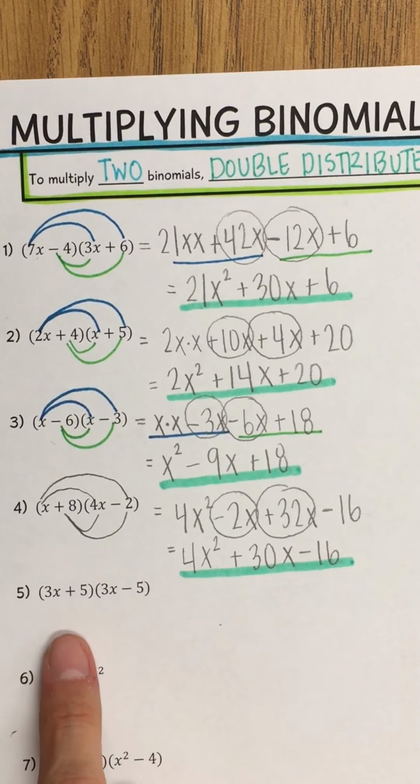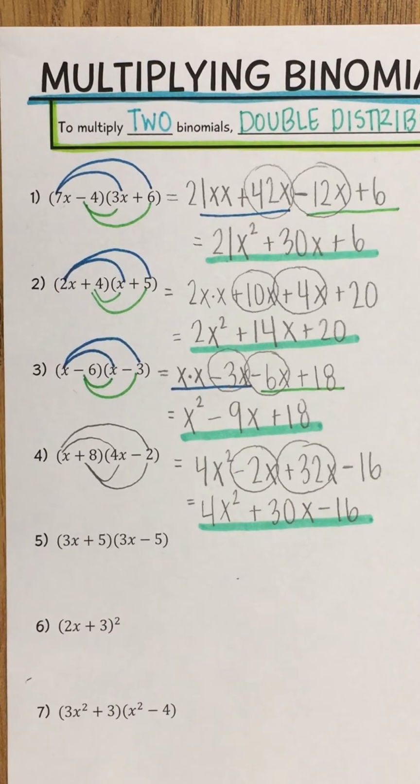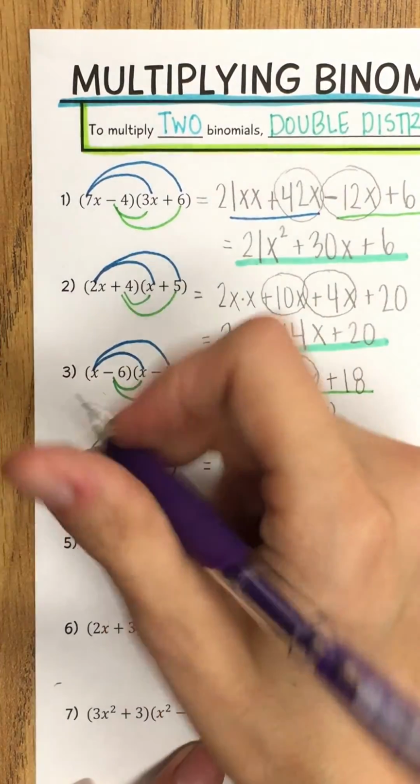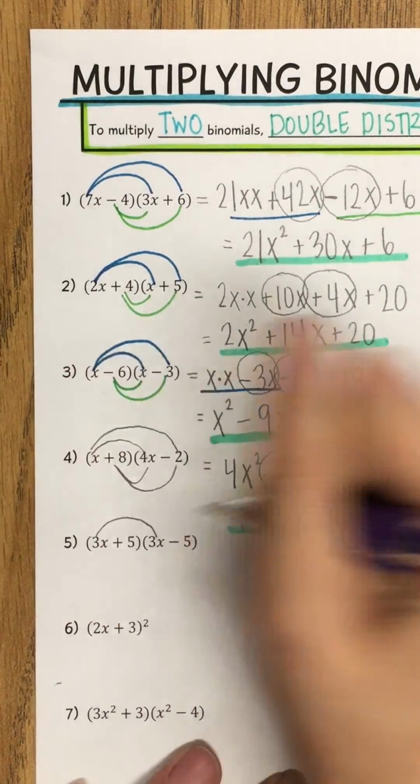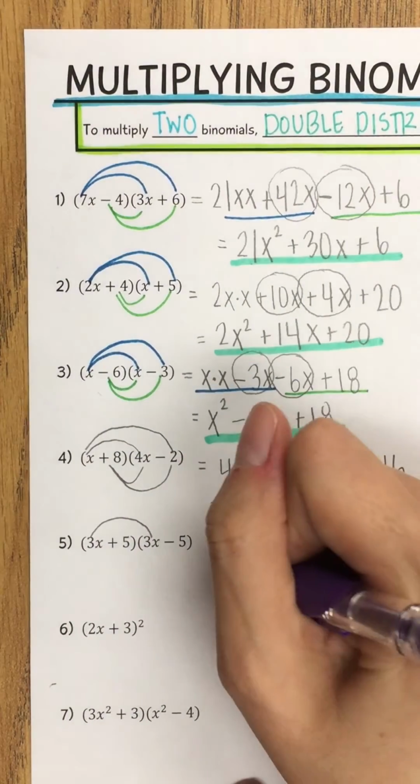Okay, I think you can also do this next one on your own, so let's have you guys give that one a try. Go ahead and pause the video, and when you're done, unpause, and let's see how you did. Okay, on this guy, we're going to get 3x times 3x.